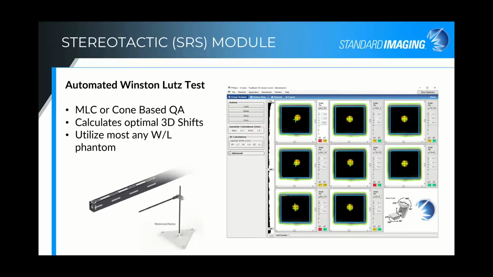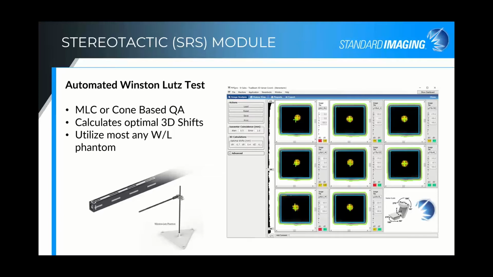But it can analyze both MLC or cone-based stereotactic systems. It will calculate those optimal 3D shifts based on numerous images from different angles, both gantry angles, couch angles, collimator angles, et cetera. We have a routine you can use, but you can set those accordingly as well.